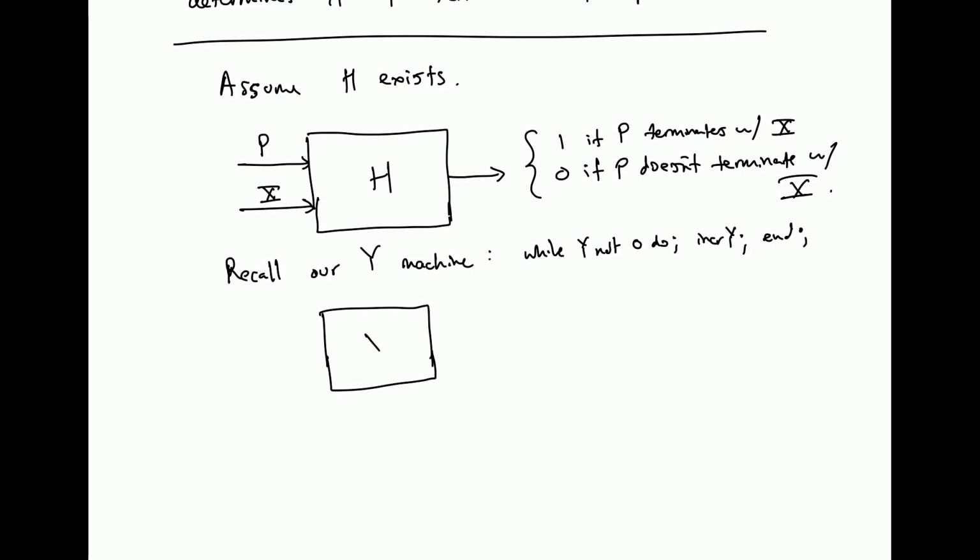So this is my Y machine, and I feed into this a number Y. And as we saw, if Y is 0, it terminates, and if Y is non-zero, it goes on forever. It doesn't output anything, but it either goes on forever or it doesn't. Okay, does that make sense?